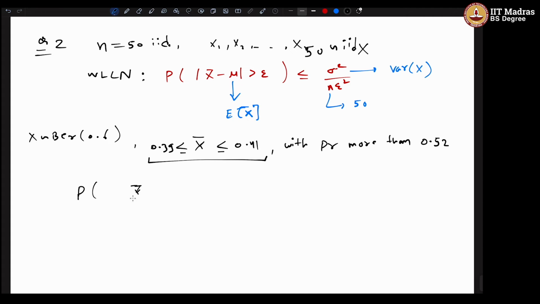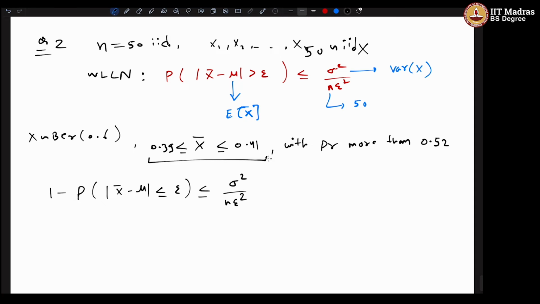So I'm removing this mod, and I can write this as, okay. So before that, let's write it as 1 minus P of |x bar minus mu| less or equal epsilon, less or equal sigma square by n epsilon square.